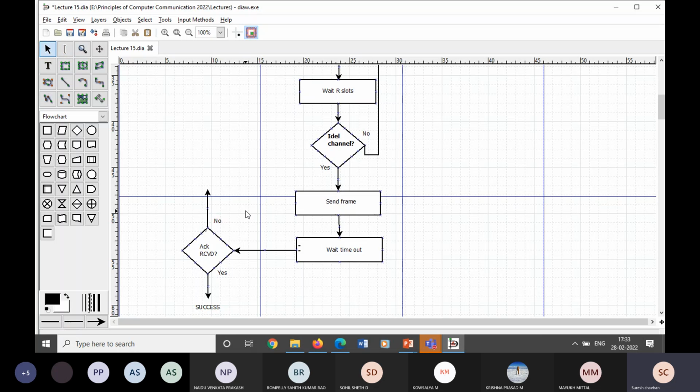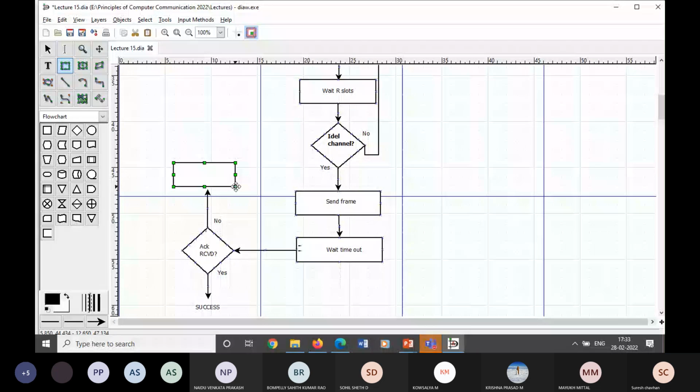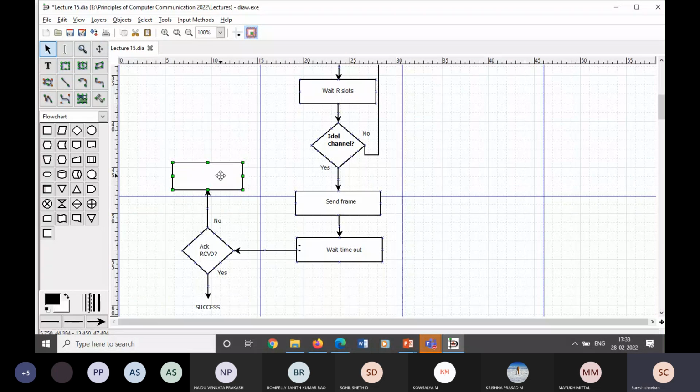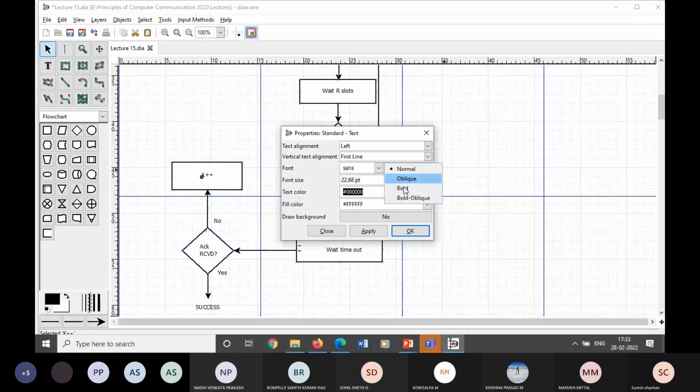Now what we have to do is increase the number of attempts of the sending station.